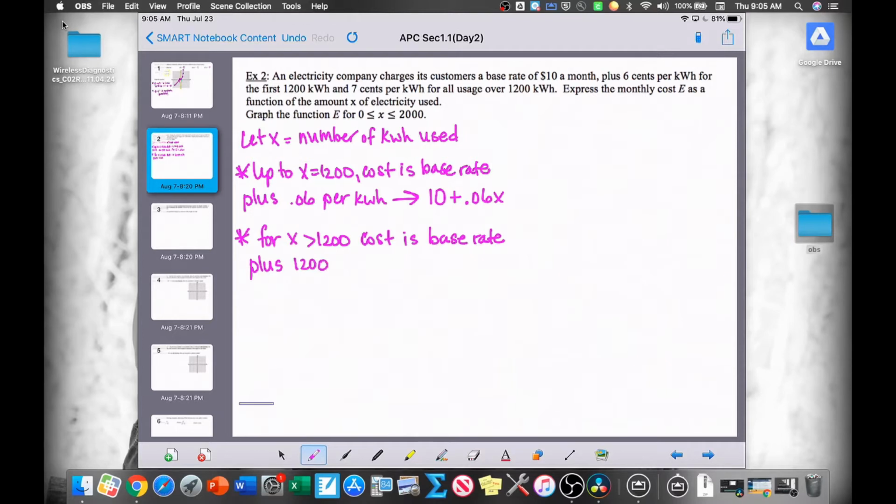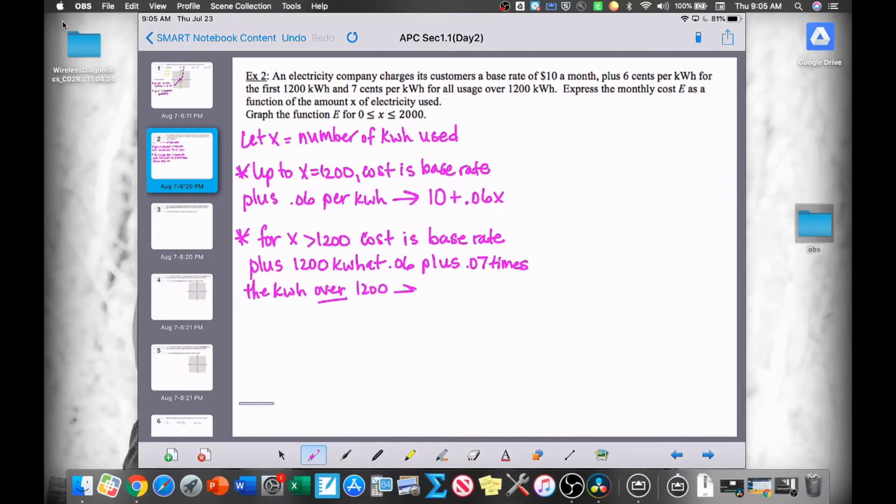So plus 1,200 kilowatt hours at the 0.06 rate plus 0.07 times the kilowatt hours over 1,200.